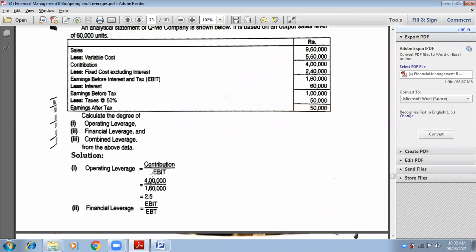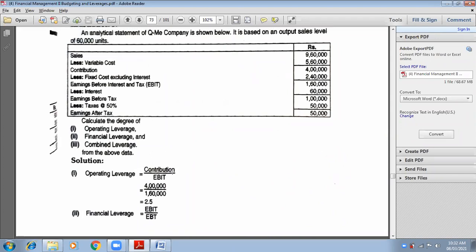Even if you write contribution upon EBIT, at the end of the solution you need to write where EBIT is equal to earning before interest and tax, EBT is equal to earning before tax, DOL is degree of operating leverage, DFL is degree of financial leverage. Wherever you have written short forms, at the end of the solution part you need to show once that this is the full form of that particular thing.